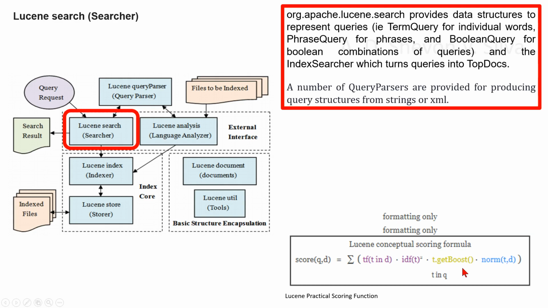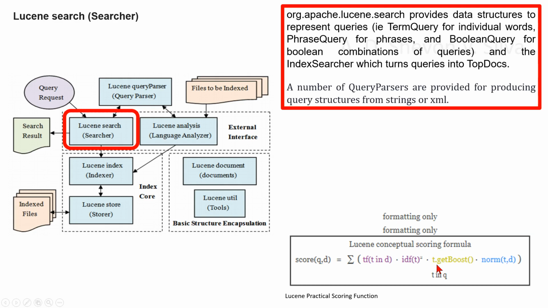T dot getBoost is the search time boost of term T in the query, as specified in the query text, or as set by wrapping the query with a boost query.